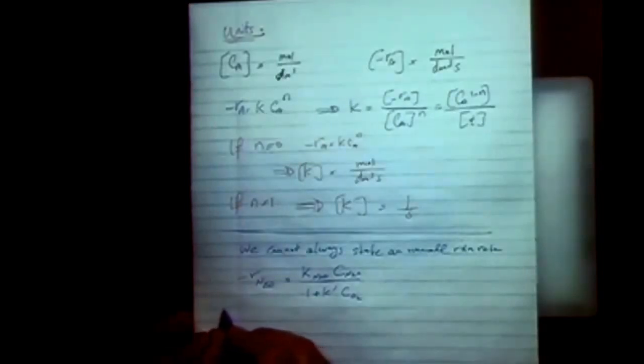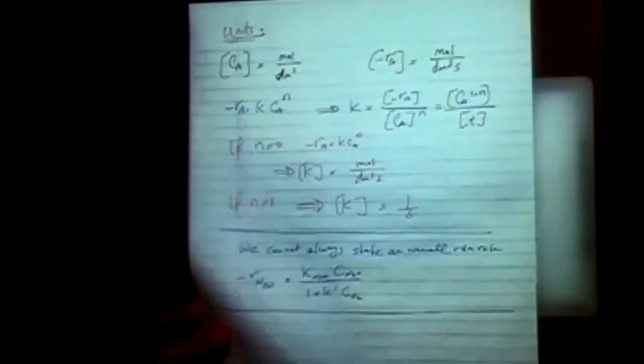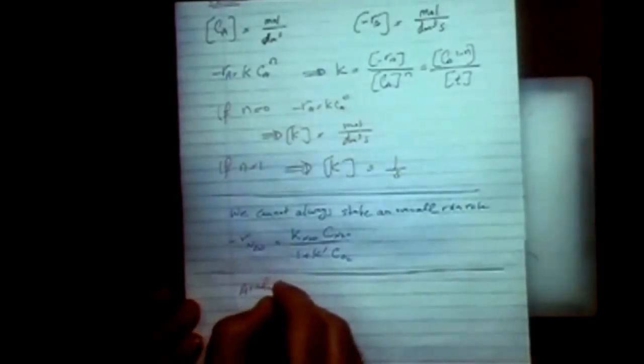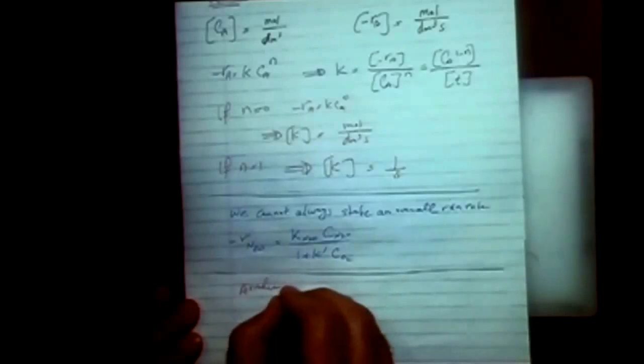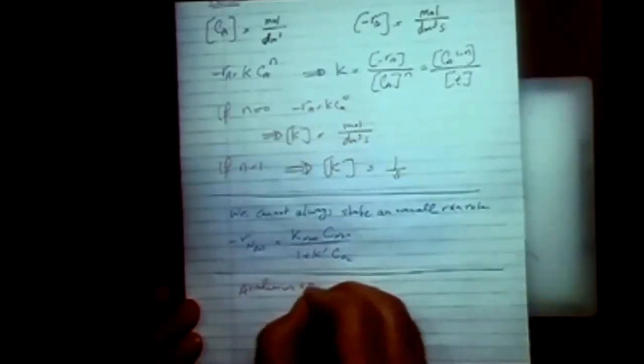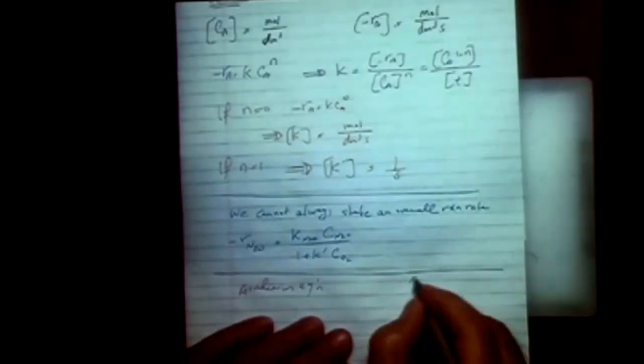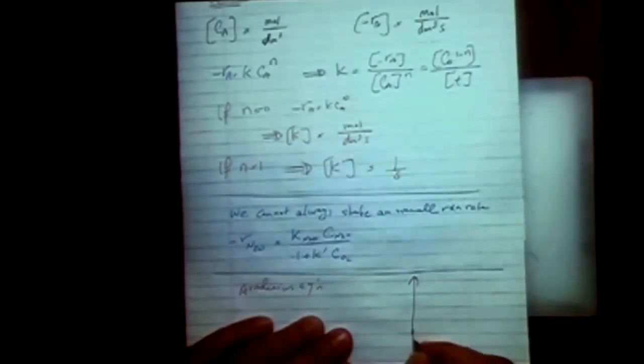Now I'd like to turn your attention to a very important equation, the Arrhenius equation. What it does is show you the dependency of the reaction constant on the temperature. As I mentioned the other day, there is a very strong relationship between temperature and reaction constant.